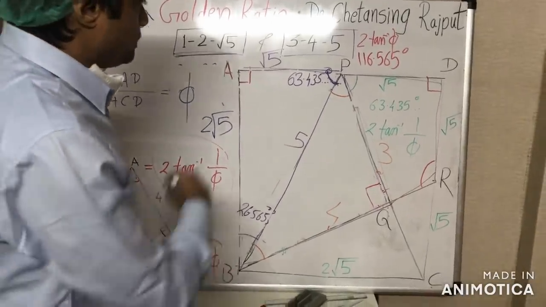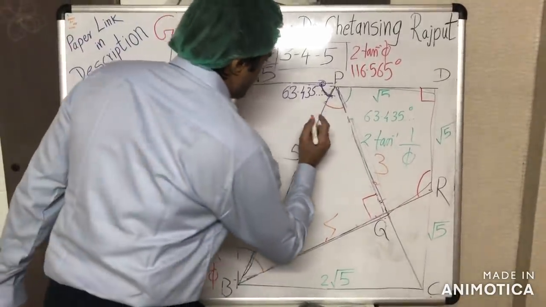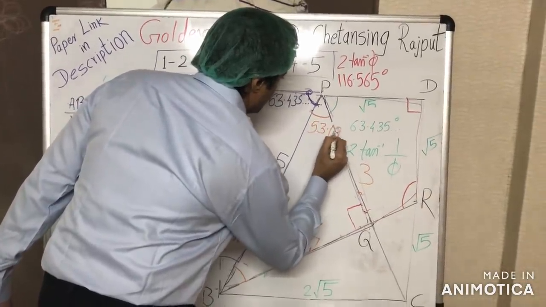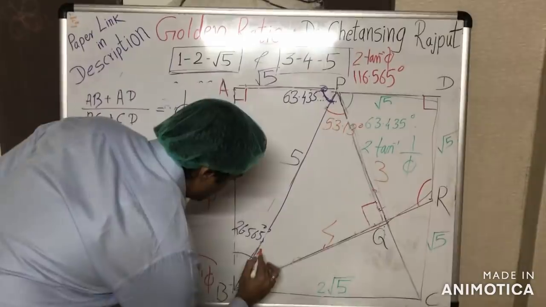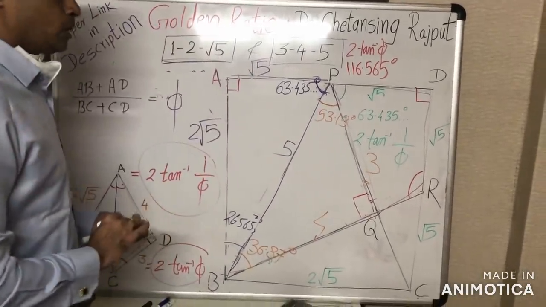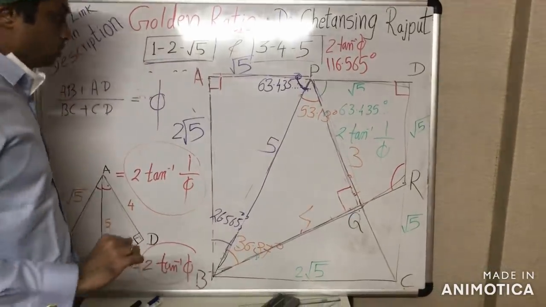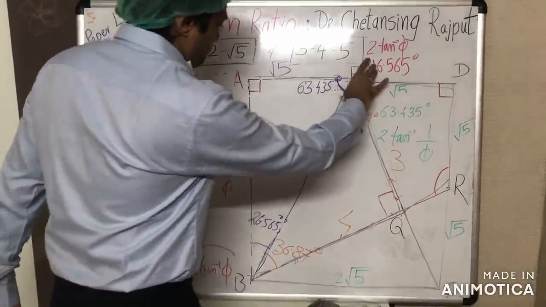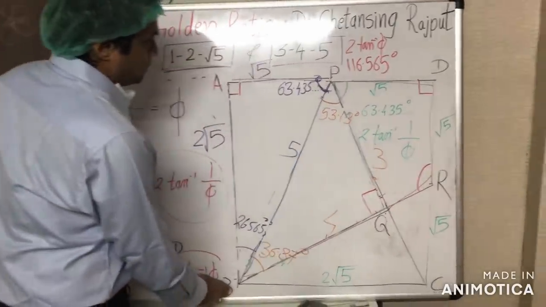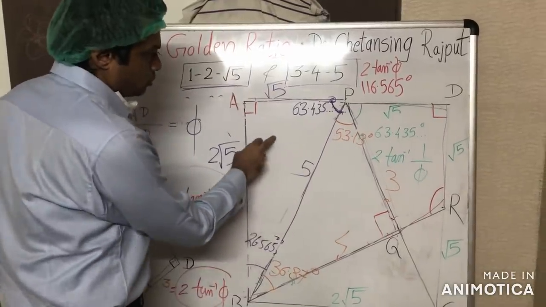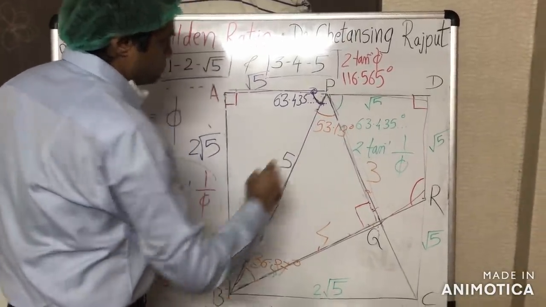Similarly, in the 3, 4, 5 Pythagorean triple, the larger acute angle is 53.13 degrees, and this angle here is 36.87 degrees. Okay. Now consider the quadrilateral APQB, which is made up of these two triangles, the 1, 2, root 5 triangle and the 3, 4, 5 triangle.